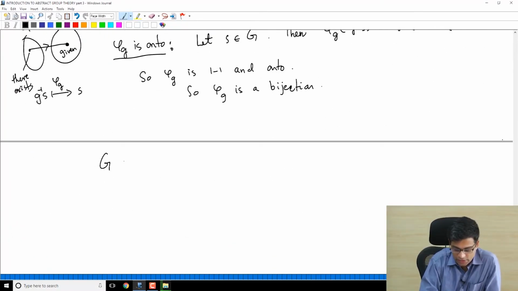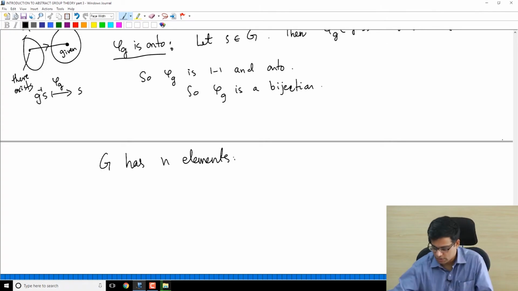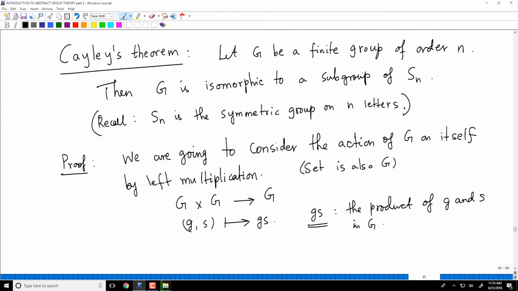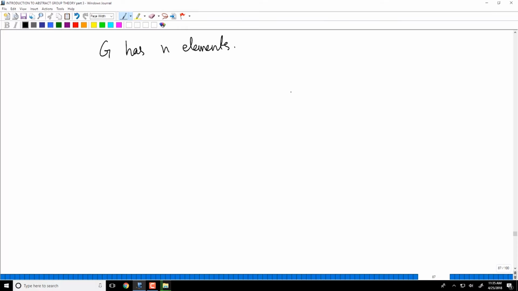G has n elements, right? That is the hypothesis. The hypothesis is that G is a finite group of order n. That means it has exactly n elements. What is Sn?